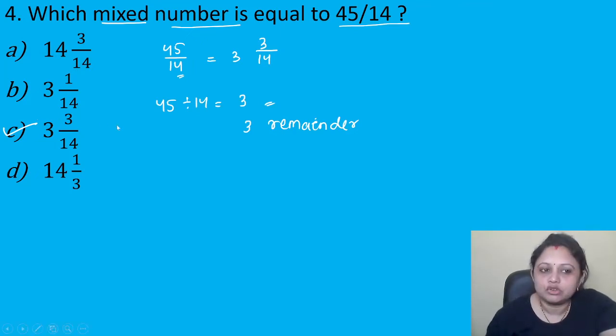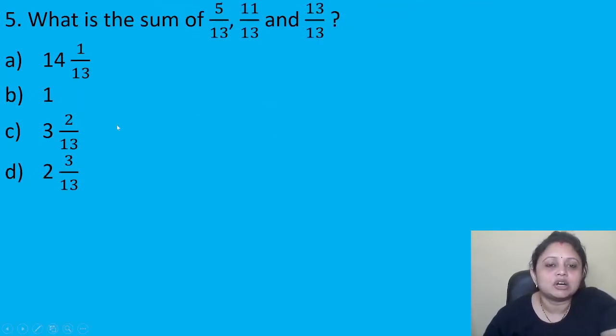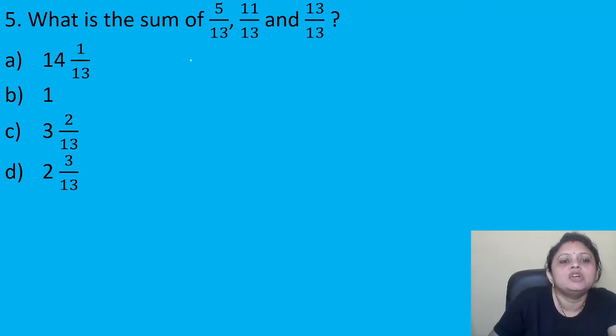That is the correct answer which is present in option C. Coming to the next question. What is the sum of 5 by 13, 11 by 13 and 13 by 13? Option A, 14 whole 1 by 13, B, 1, C, 3 whole 2 by 13, D, 2 whole 3 by 13. So we have to find 5 by 13 plus 11 by 13 plus 13 by 13.